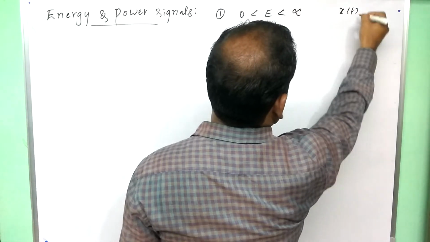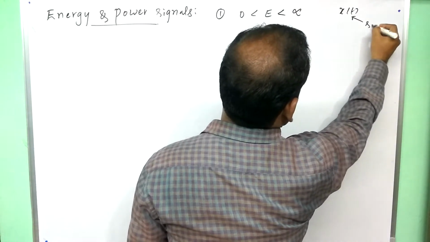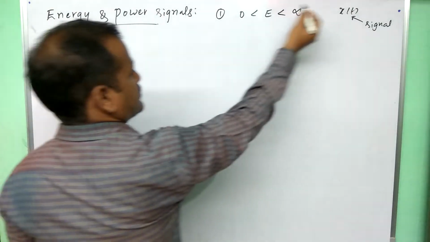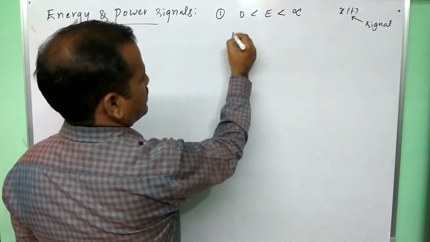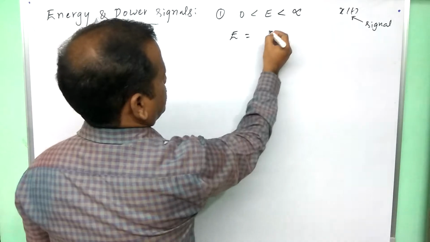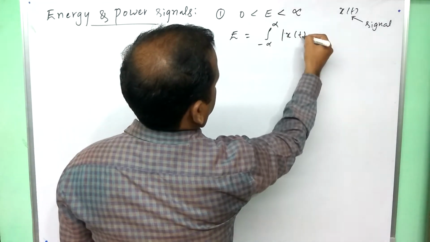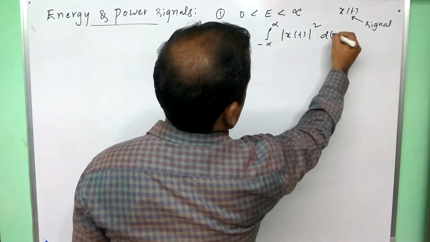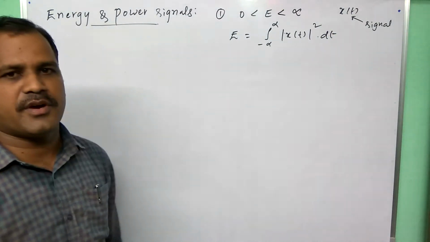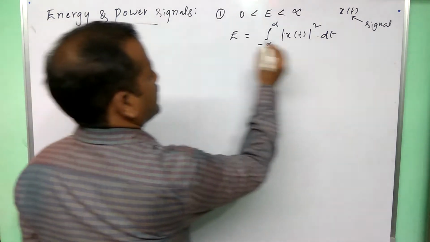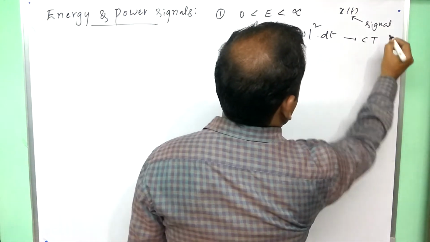If we consider the signal x of t, then E is given by the expression integral from minus infinity to plus infinity of magnitude of x of t squared dt. This is the energy formula for a continuous time signal.